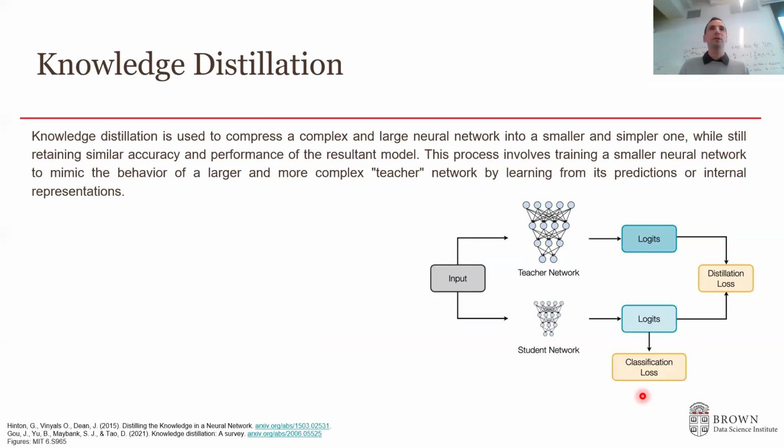Now we want to create a smaller model, let's call it GPT-6 mini, that will have the same or similar accuracy to the large model, but will be much more efficient to run. So we want to mimic the output of the larger model with what we call a student model. So we have a teacher model, which is a large model, and a student model.